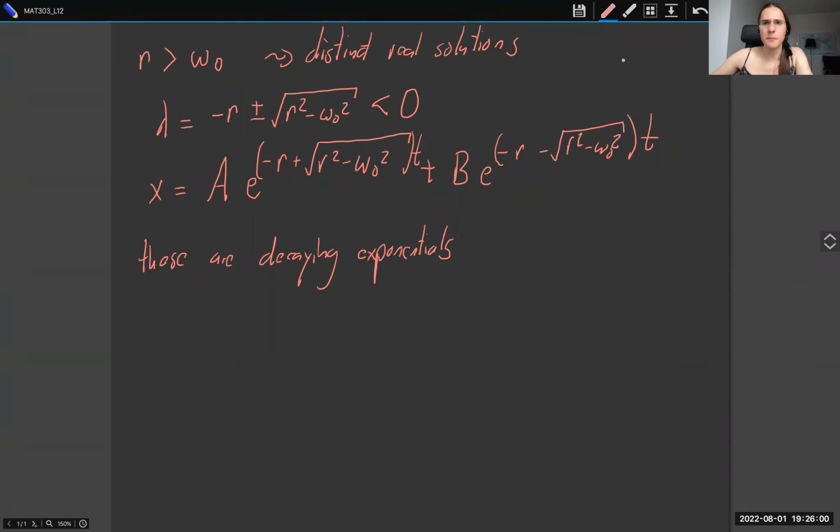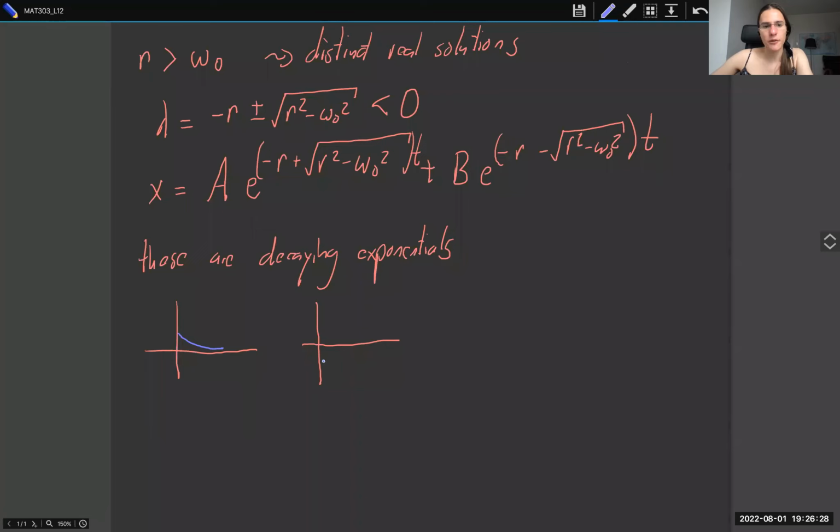Now, the possible pictures that you can get basically look like this. If both exponentials have the same sign, then from t greater than 0, it's just going to look like a decaying exponential. If the exponentials have opposite signs, they can also look like that, but it's also possible to have the case where one of them wins over for small t while the other one wins over for large t.